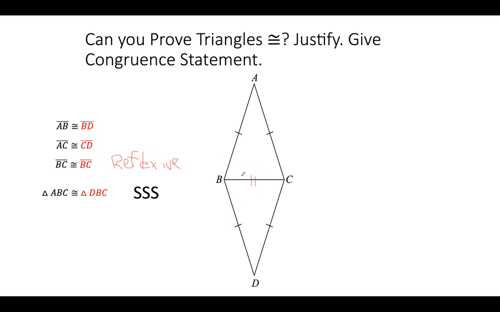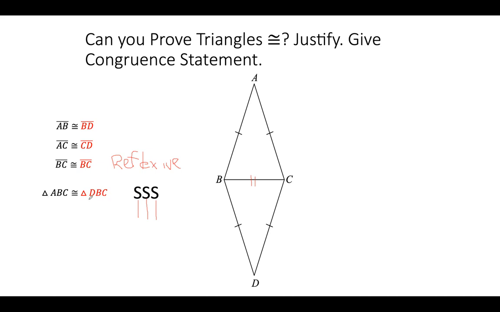But I need this third side to show congruence. So I've got AB is congruent to BD. That is one set of my sides. And then AC and CD, that's my second side here. BC is this third one. And then it shows that these two triangles are going to be congruent.